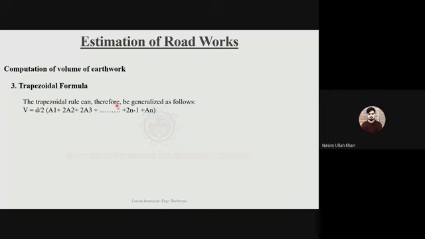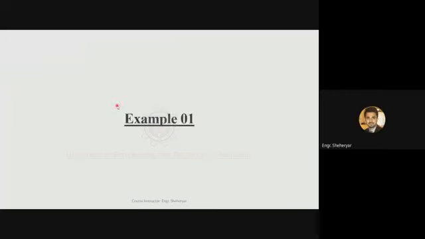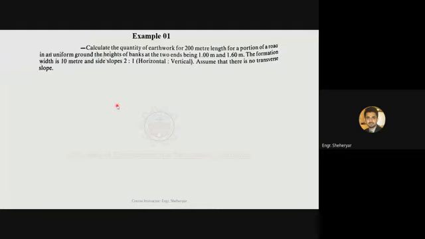Yes, sir. Okay. So let's jump into an example. Example number 1. This is a very simple example. You have to calculate the quantity of earthwork for a road having a length of 200 meters.